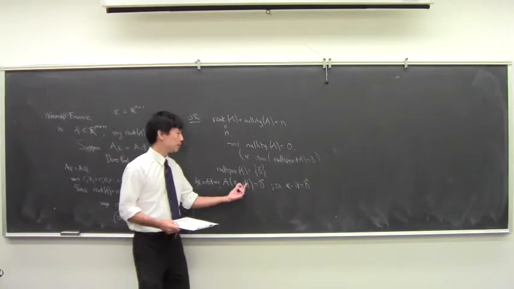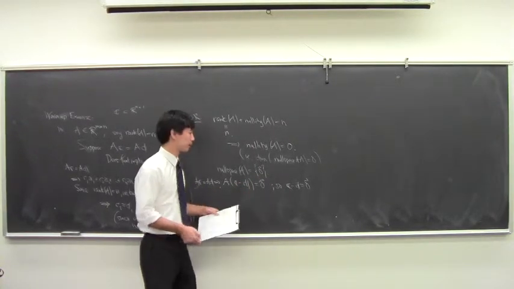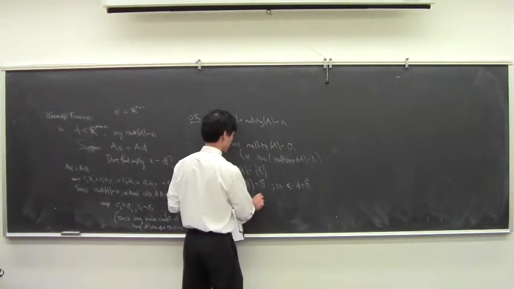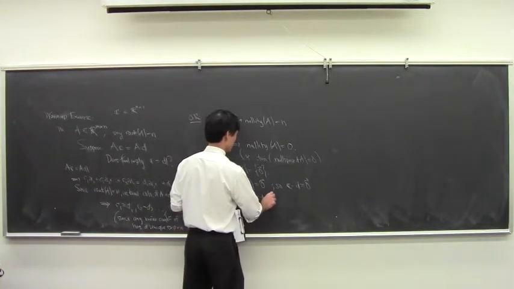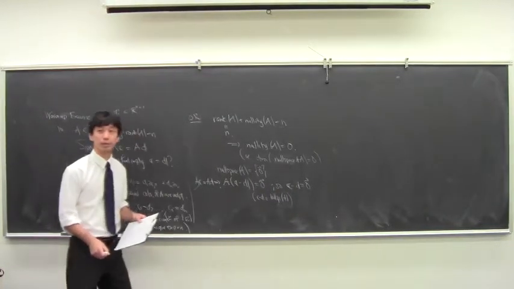That means that C minus D is in the null space, so C minus D is equal to 0.